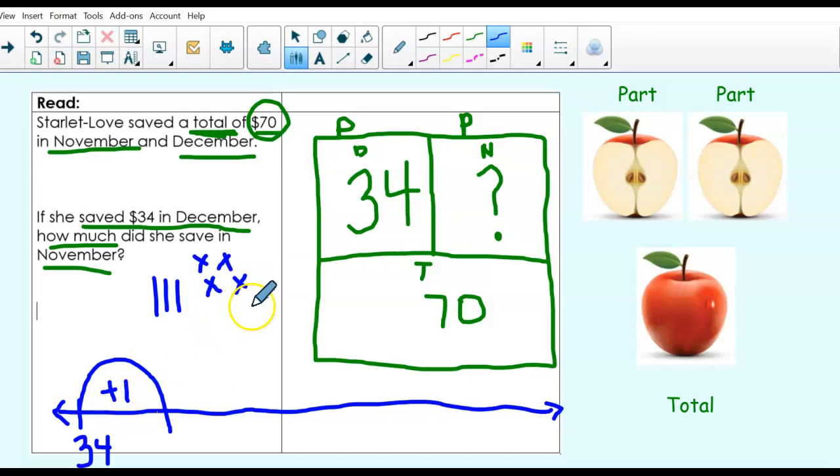Let's add another ones cube to our picture. What is 34 plus 1, boys and girls? That's right, it's 35. And guess what? I see a 5 in the ones place, so now 35 is a friendly number.